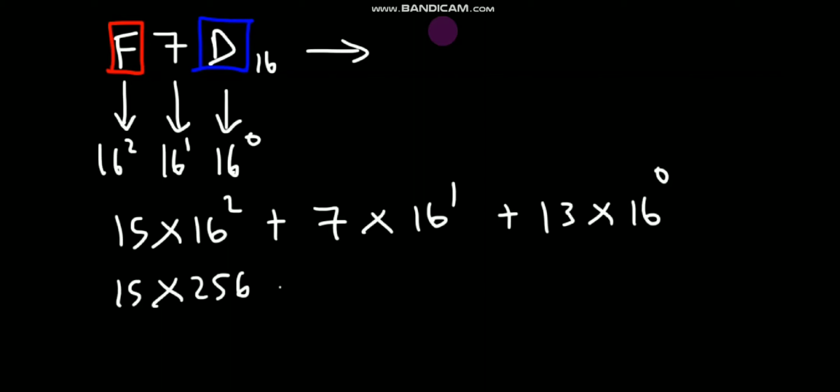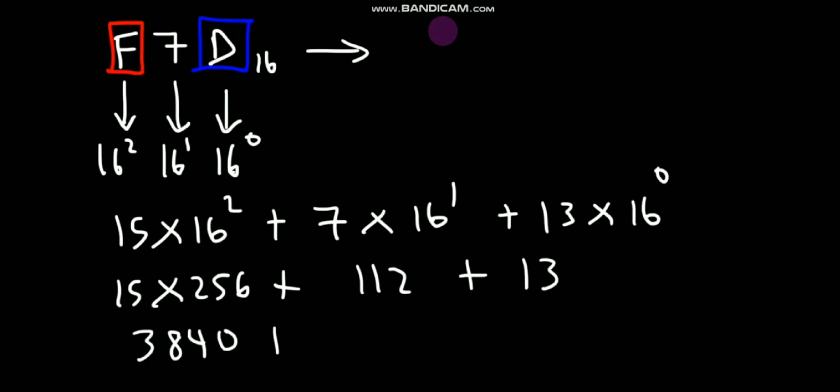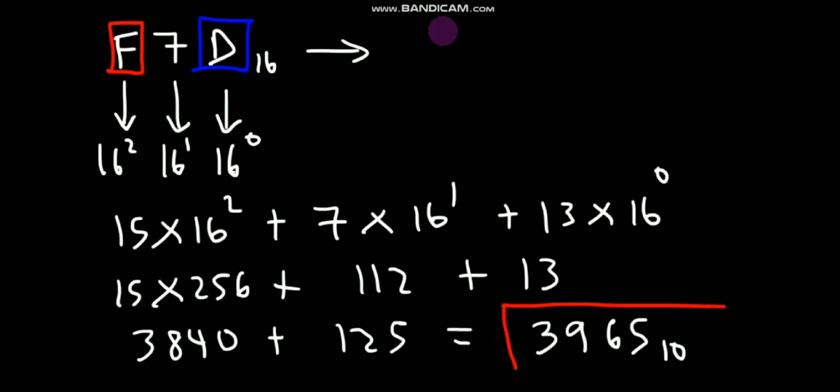Now we will multiply 15 into 256, plus 7 into 16, plus 13 into 1, and then we will add these numbers. Then 3965 with base 10 is the answer.